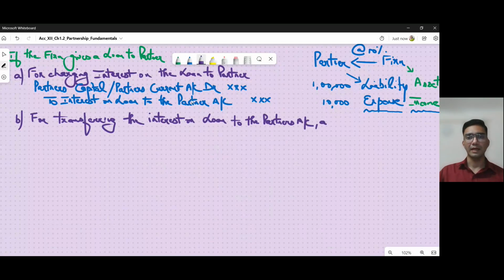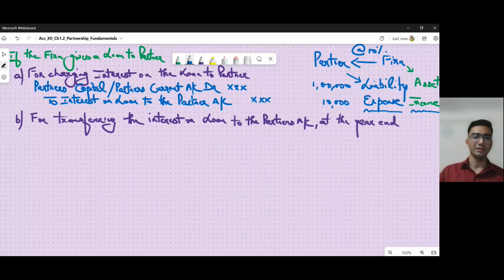When do we do this? At the year end. Just like in the last case we studied, we did it at the year end, the second entry. So here also at the year end, we transfer the interest on the loan to the partner's account. So what is the entry for that? Which account will close? The one that we opened temporarily. To interest on loan to the partner account will be closed over here. So let's write that entry.